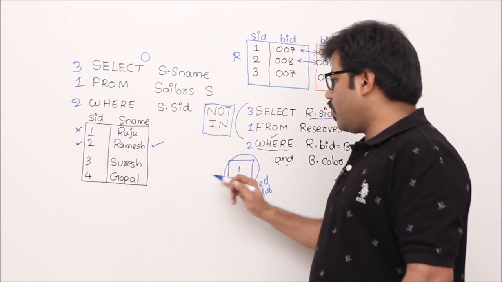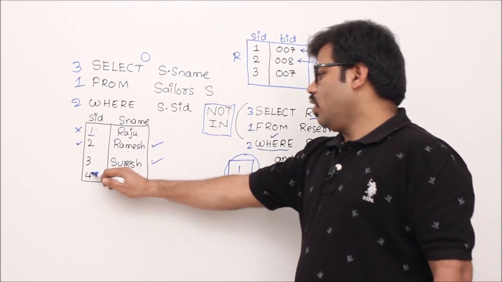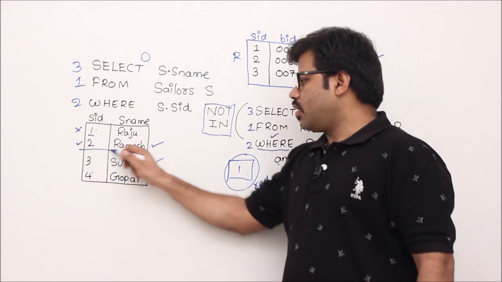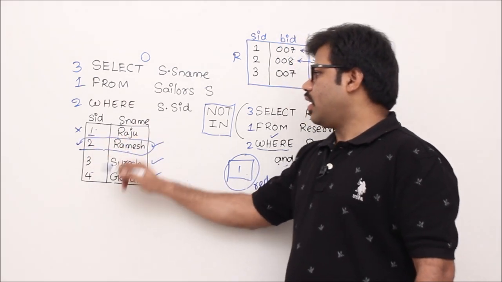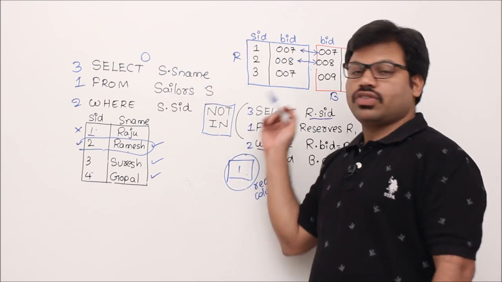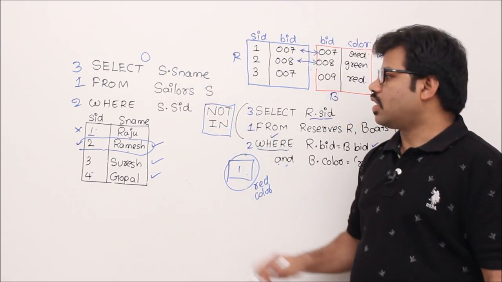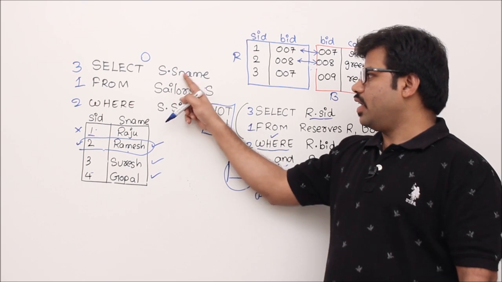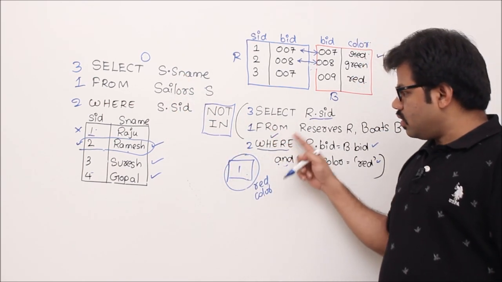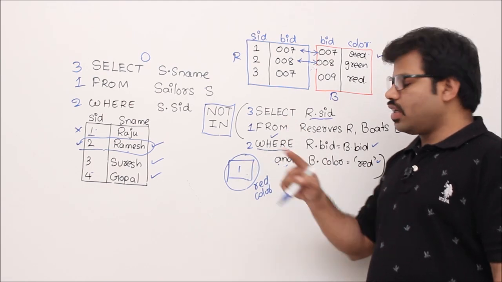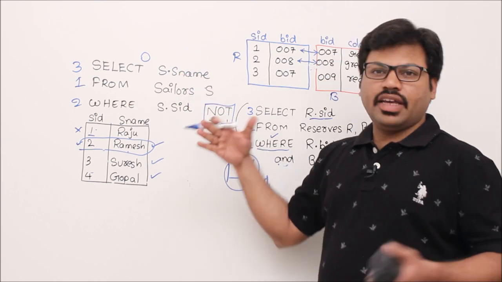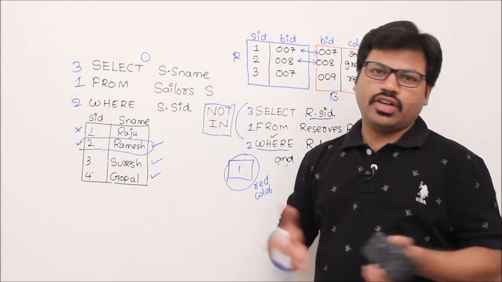Next, 3 not in 1, true, Suresh will be printed. 4 not in 1, so Gopal will be printed because these 3 tuples satisfy the condition of where. That's it. So now you can understand what is the output of this query. The output of this query is the collection of all the S names whose SID is not here. Not here means these are people who reserved red color boats, and we are not here means what? Definitely they are the names who have not reserved red color boats.